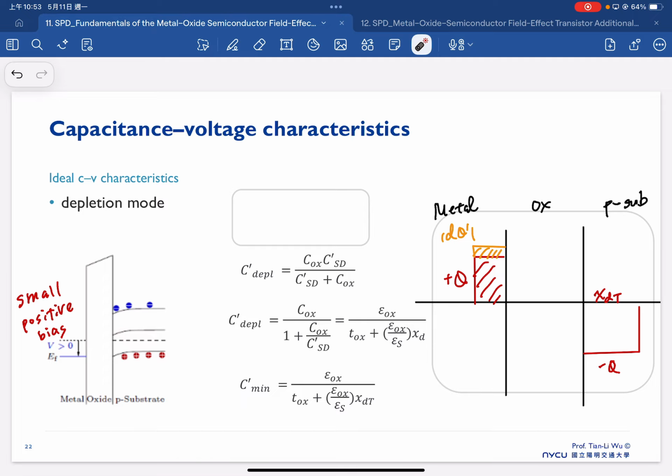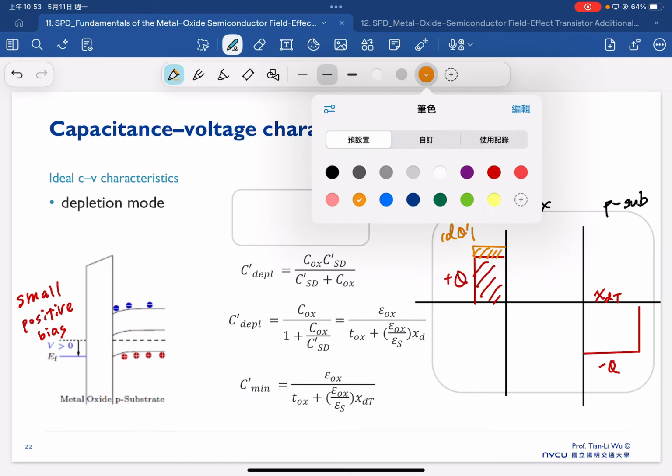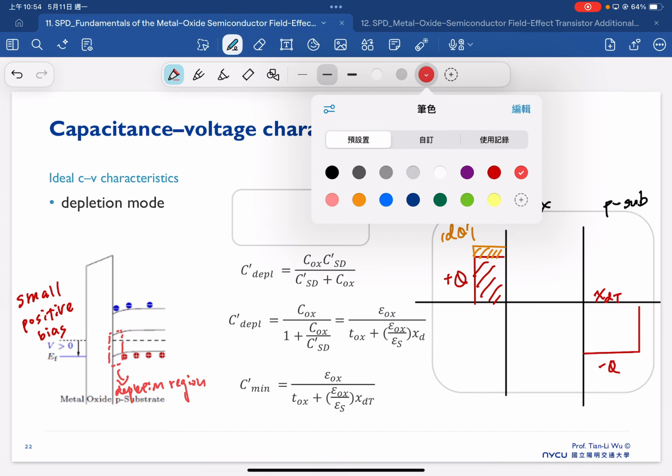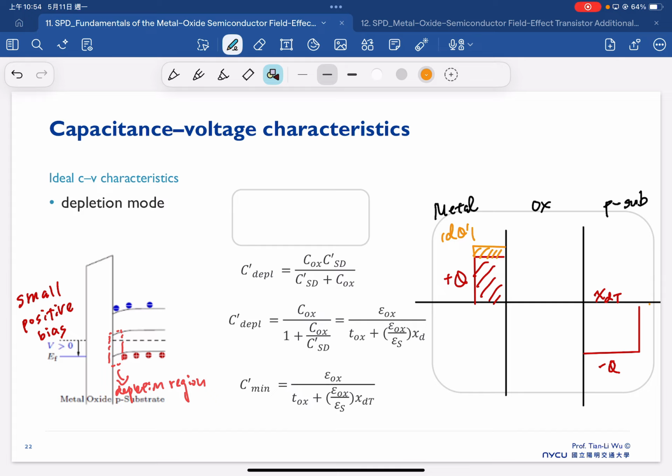So this creates a depletion region here. Any additional charge change just appears at the edge of our depletion region.